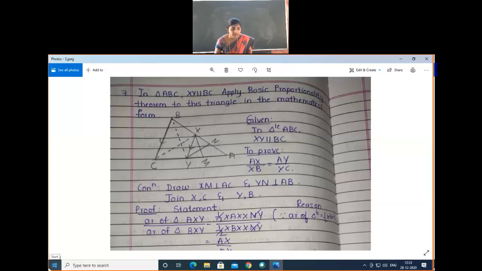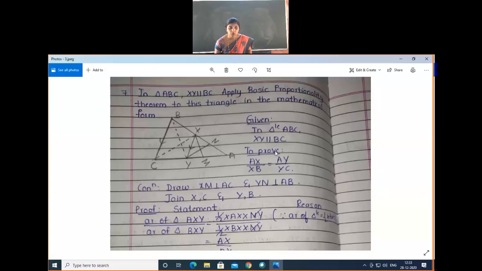So in triangle ABC, we take the line XY parallel to BC. We join BY and XC, then draw XM and YN. Like this you have to draw the diagram. Given: in a triangle ABC, XY is parallel to BC.